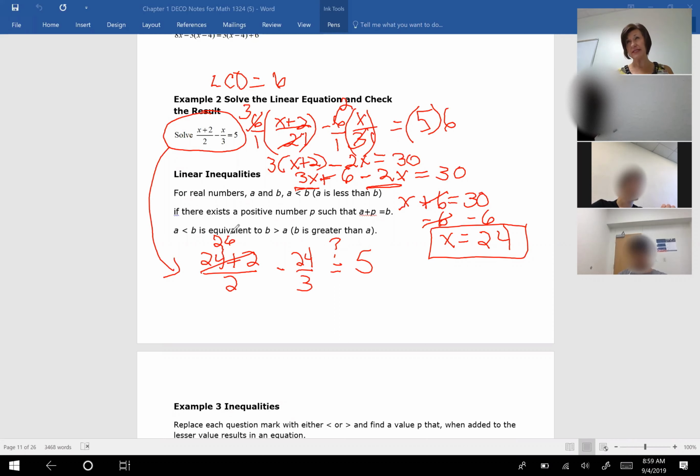What's half of 26? 13. Minus, all right, how much is 24 divided by 3? 8. Does that equal 5? Yes, it does. So it checks. So plugging it back in to the original problem is how you can make sure you get it right.